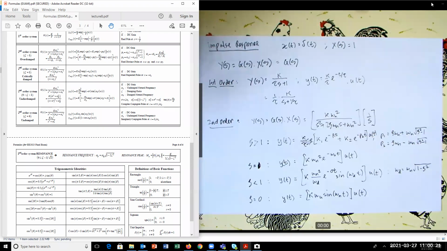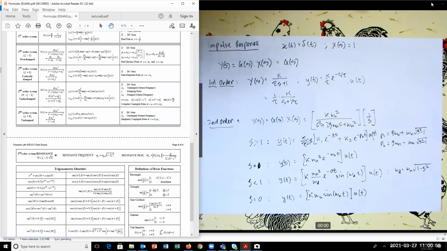As I said, if you go through those derivations, step 1, step 2, step 3, step 4, this is the result, for the case when the input is an impulse. Any question? Of course, in the lecture notes, we show you the shape of all this.